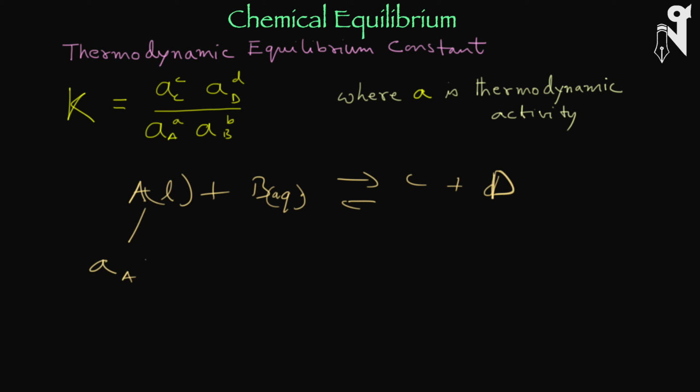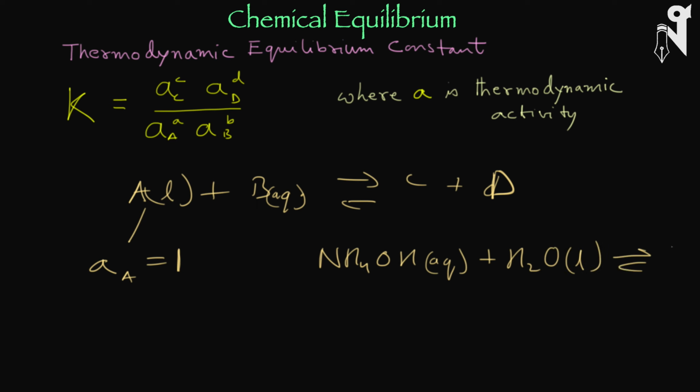A very common example would be something in water, say NH4OH, aqueous. Aqueous means it is in water, which is a liquid, having a certain equilibrium with something. I'm not writing further. So this is what will determine the forward rate.